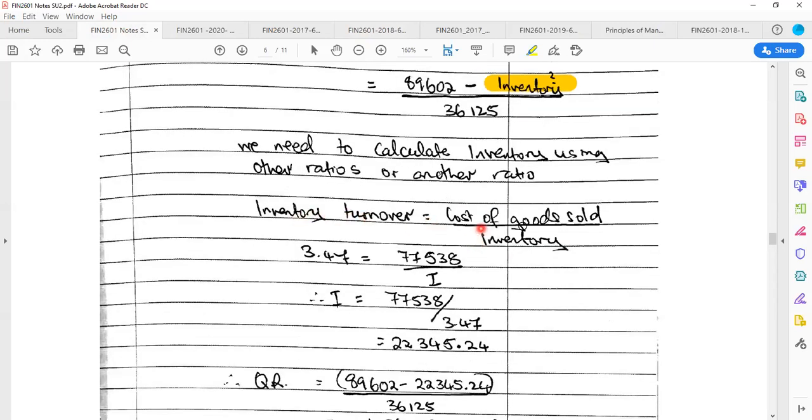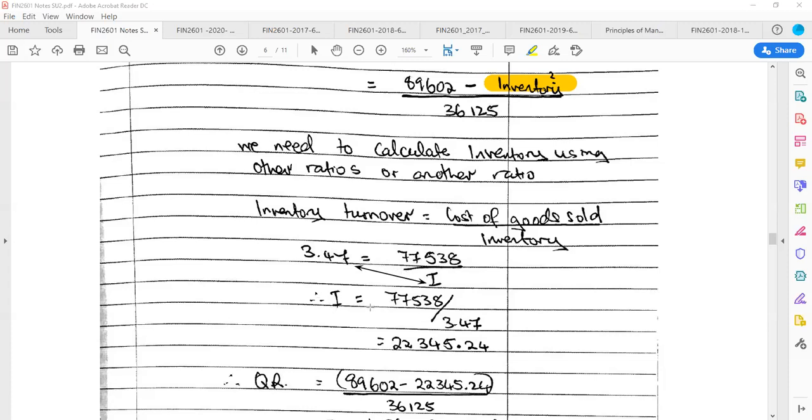Inventory turnover is equal to cost of goods sold over inventory, right? So we take our inventory turnover of 3.47 equals cost of goods sold, which is 77,538, over inventory, which is I. So remember what I told you. I said if you have an unknown at the bottom and you have a number here and you want to get what this unknown is, they can just swap positions.